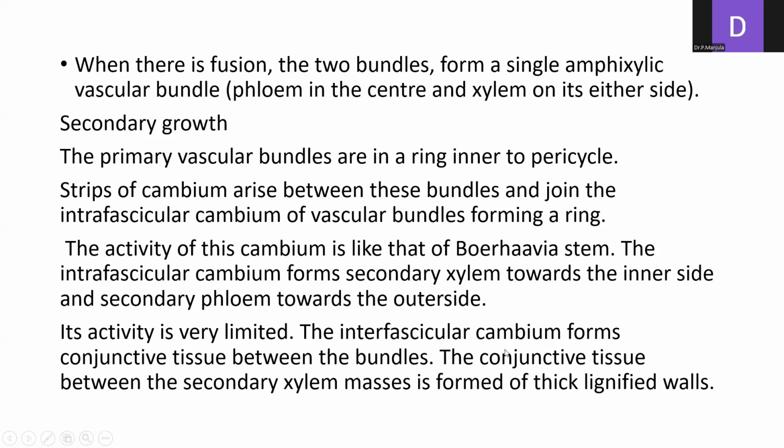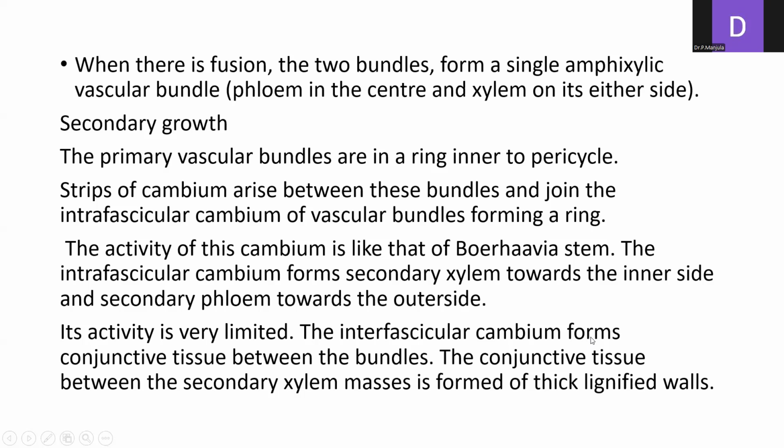And here the interfascicular cambium forms the conjunctive tissue between the bundles. This conjunctive tissue between the secondary xylem masses is formed of thick lignified walls. Generally during secondary growth, the total cambial ring is formed from the intrafascicular and interfascicular cambium, and this ring produces secondary xylem towards the inner side and secondary phloem towards the outer side.